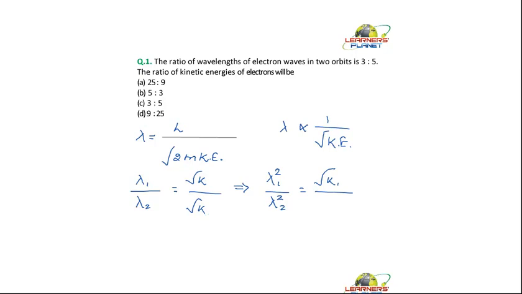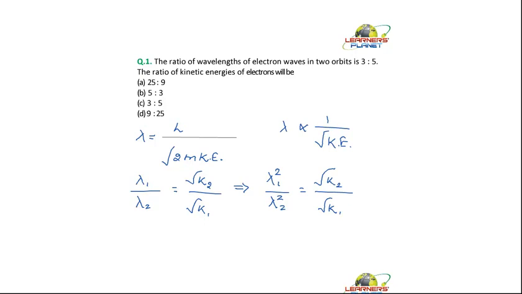Sorry, students. It should be kinetic energy 2 upon kinetic energy 1. And this is also kinetic energy 2 upon kinetic energy 1, right?